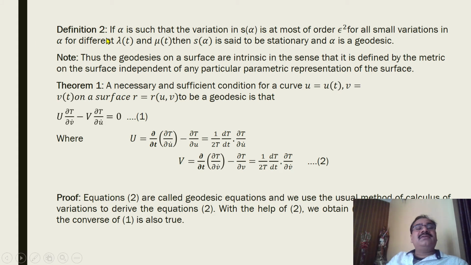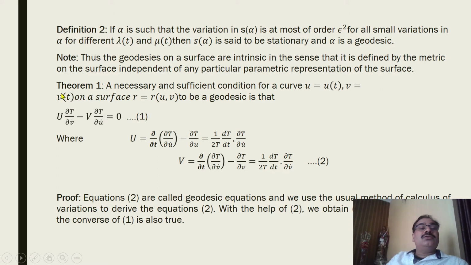Now, our next definition in this connection: if alpha is such that the variation in S alpha is at most of order epsilon square for all small variations in alpha for different lambda t and mu t, then S alpha is said to be stationary and alpha is a geodesic.